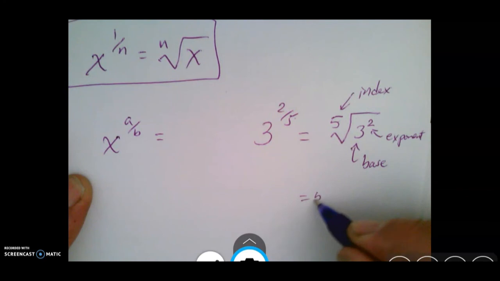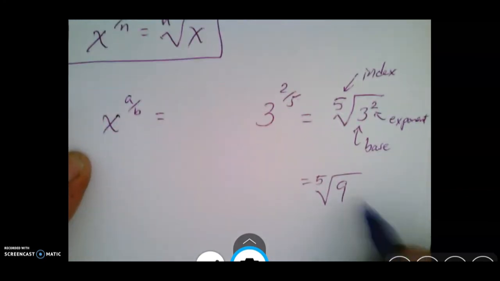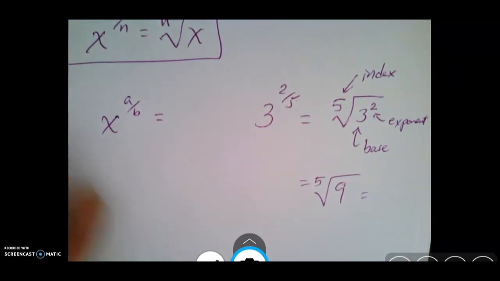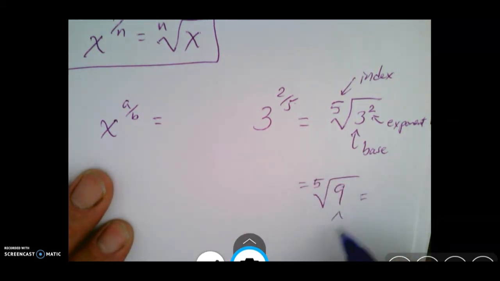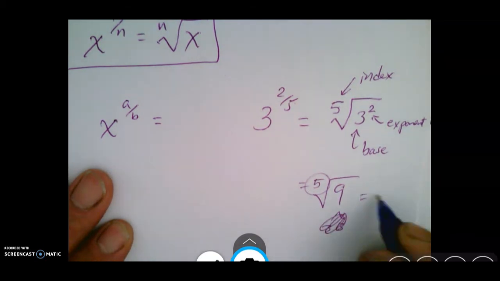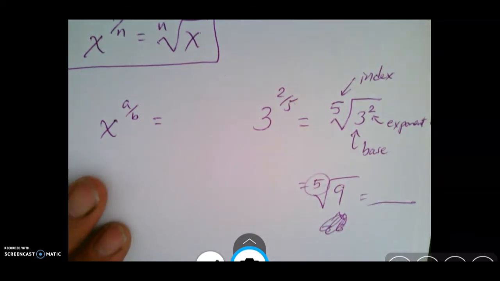Now, if you simplify that, you get the 5th root of 9. I don't know what that is. Again, there's going to be times when we need a calculator. Okay, so look for times when you can break it down, but 9 can only be 3 and 3, and we're never going to get a 5th power out of that. So this is going to be some decimal answer.